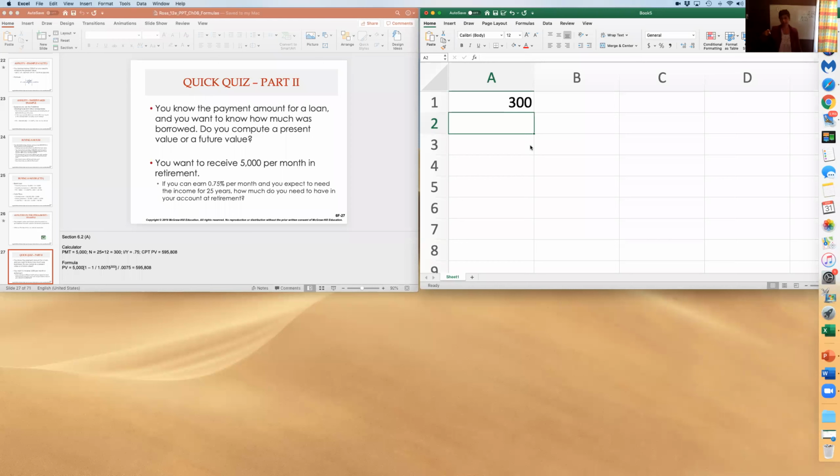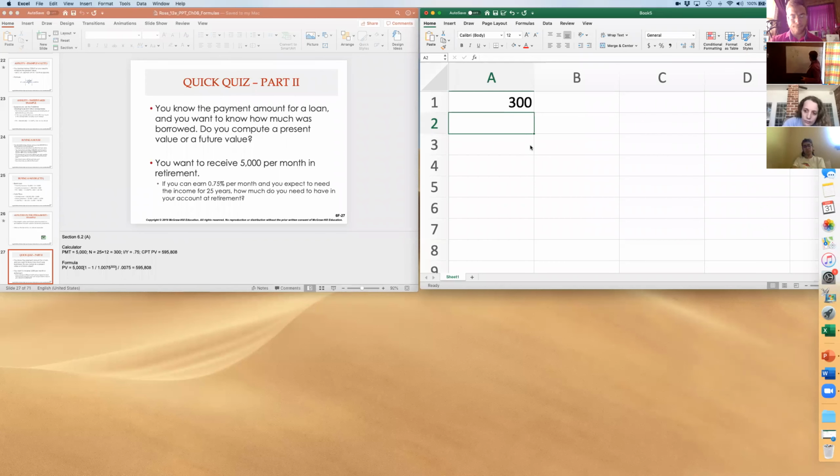To me, that looks exactly like a loan too. It's really no different, right? It's a bank making a loan looks just like you planning for retirement. You have an annuity here all the way out to 300 months. And the question is, how much do you need lump sum given an interest rate of 0.75 per month? So this is a present value calculation.